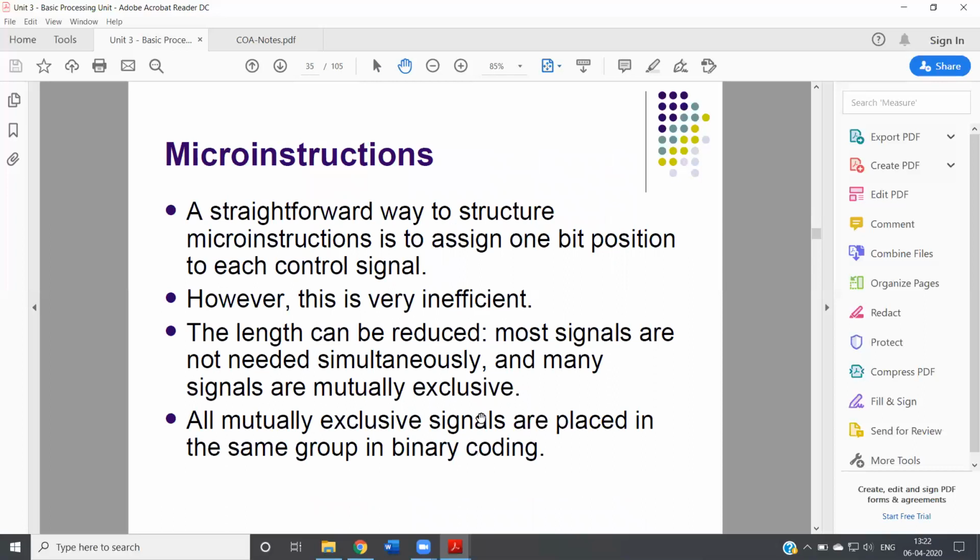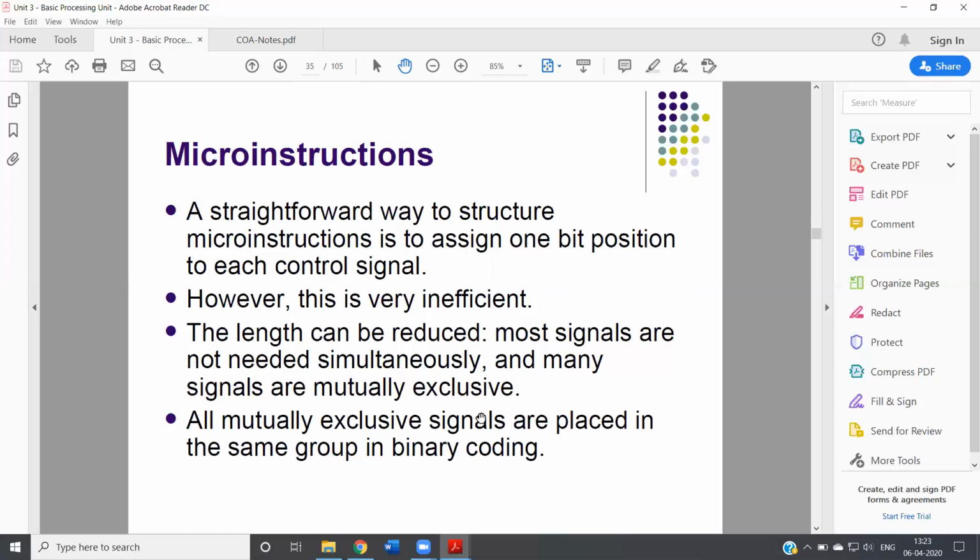A straightforward way to structure a micro instruction is to assign one bit position to each control signal, so it is either 1 or 0. However, this is very inefficient, because hardware control is much faster as compared to this microprogram control. The length can be reduced. Most signals are not needed simultaneously, and many signals are mutually exclusive.